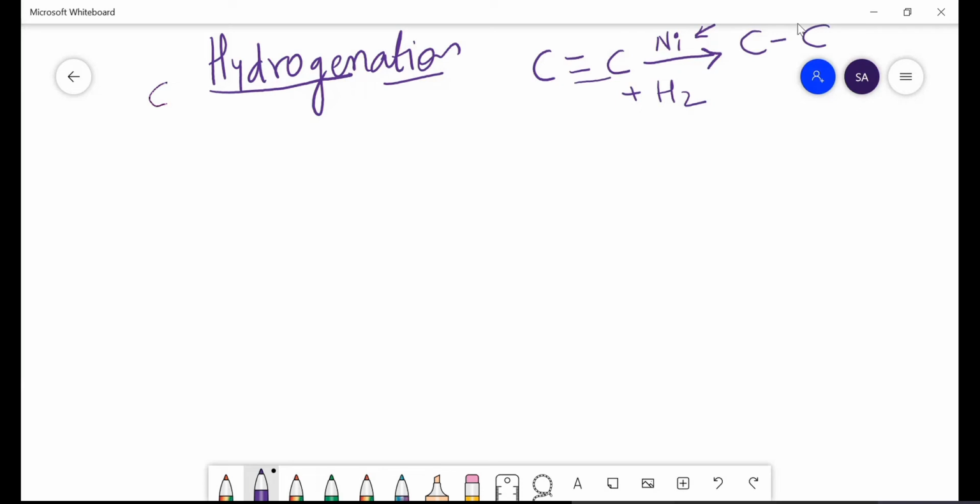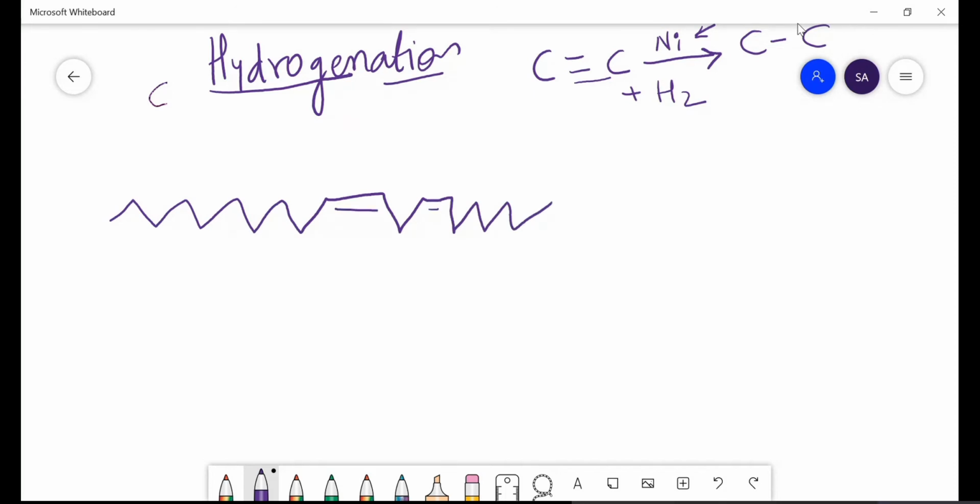So you are trying to convert an unsaturated fatty acid into a saturated fatty acid, and you are converting a liquid fat into a solid fat. So we know that, suppose you have a fat, okay.